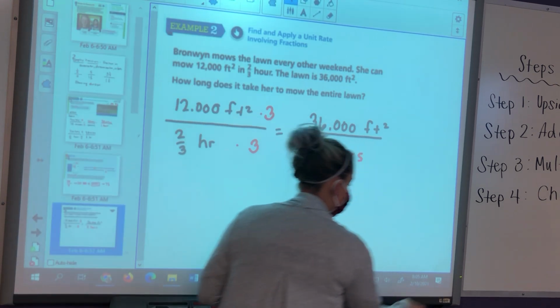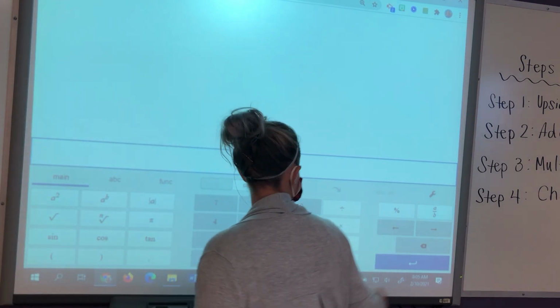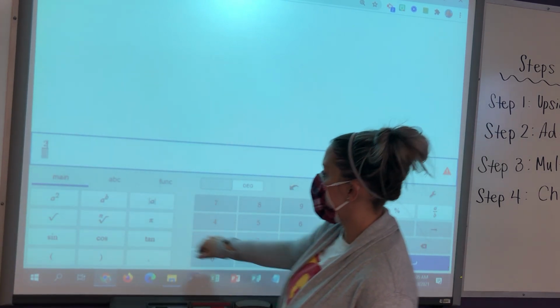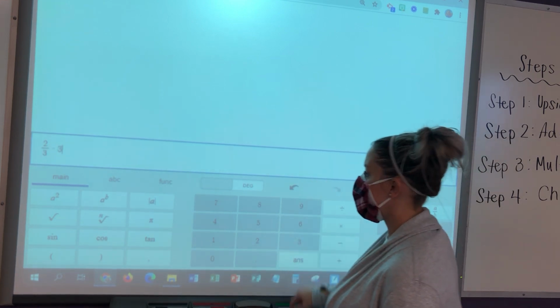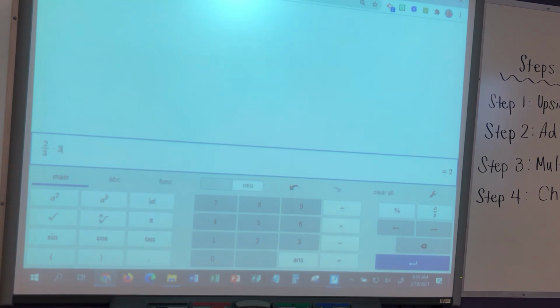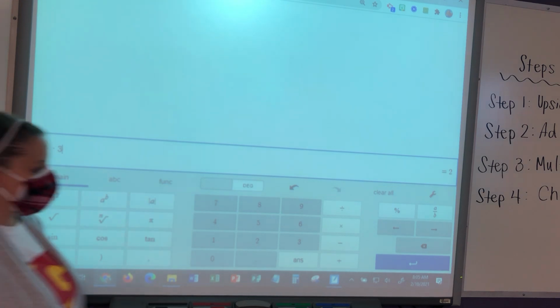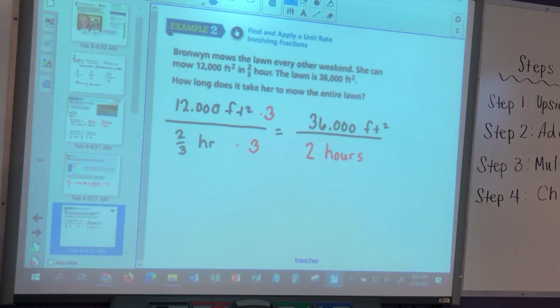Same thing if you're using Desmos. 2/3 times 3, that's going to give you 2. So it's going to take her 2 hours to mow the lawn. That's a pretty long time. So again, we're using ratios to solve real world problems.